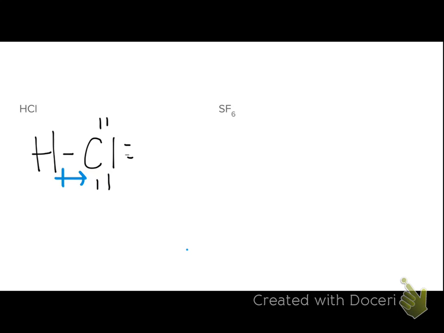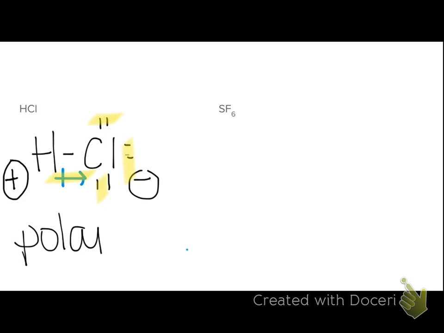So that means that this hydrogen is slightly positive because it's not getting that equal share of electrons. This chlorine is going to be more negative. One, because of this dipole here pointing towards it, and then also because of all of these lone pairs. So since nothing cancels, we are left with a polar molecule.